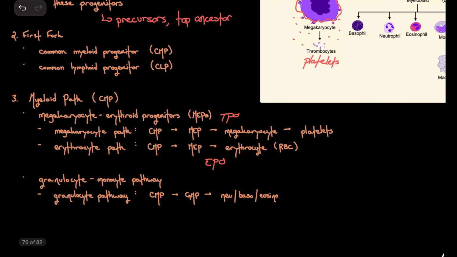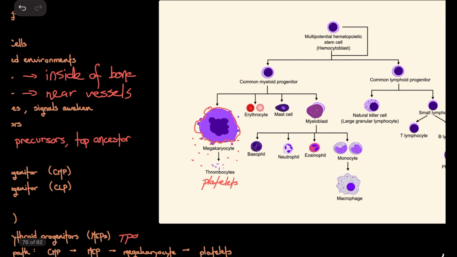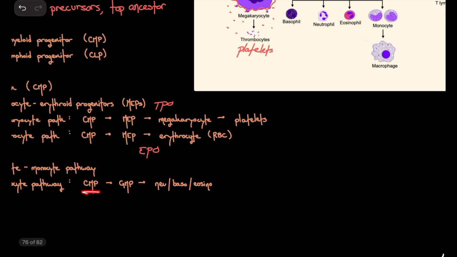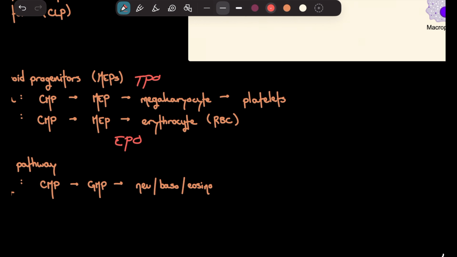All right, then you have the granulocyte monocyte pathway. So same kind of deal. We go down the myeloid pathway. So now I'm a CMP, a myeloid progenitor. Then I'm a granulomonocyte progenitor. And that can lead to the creation of a neutrophil, a basophil, an eosinophil, or a monocyte.